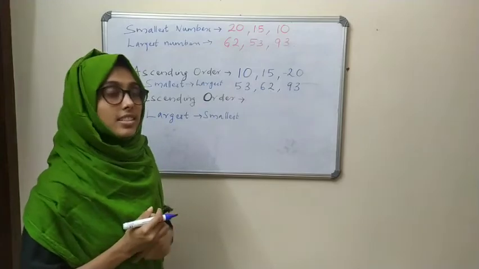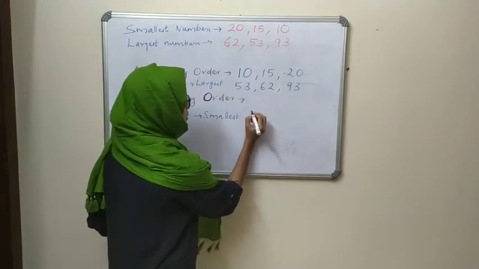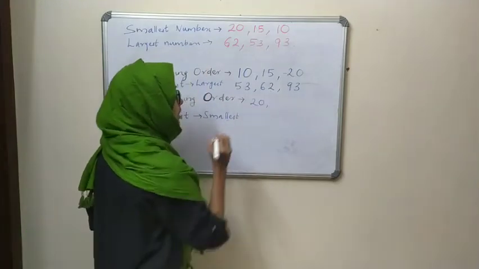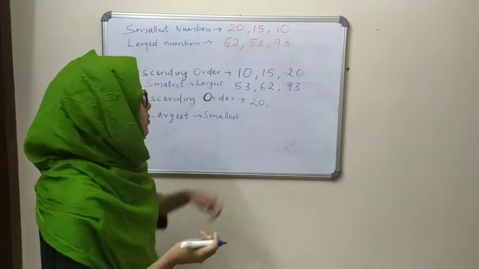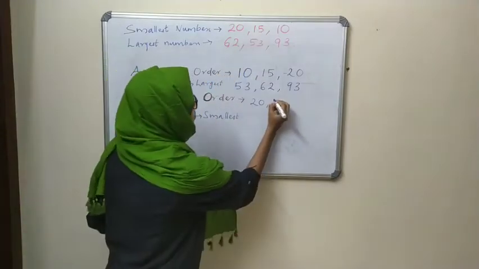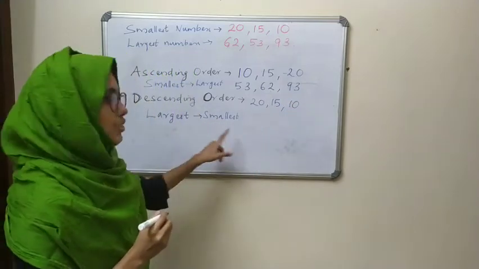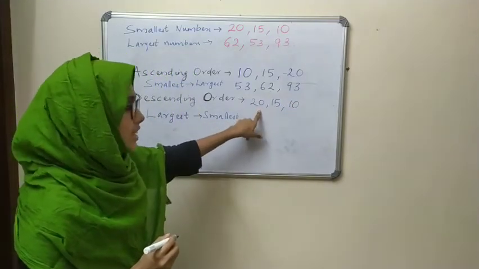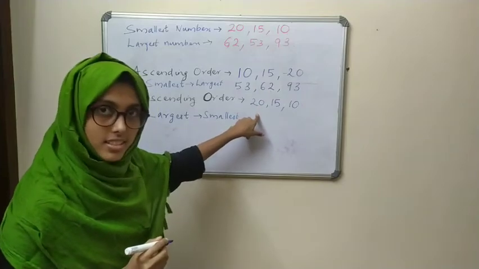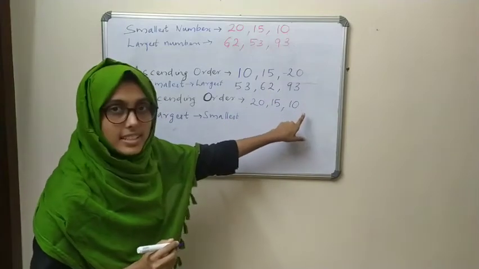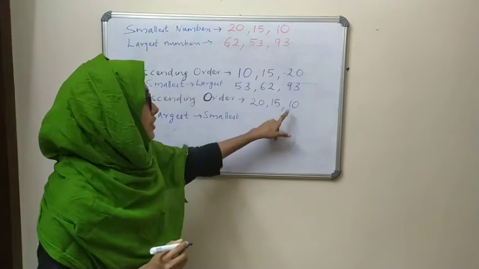Which is the largest? 20. So I will write 20. Then which number? 15. Then 10. So largest to smallest. 20 is the largest, and the smallest is 10. So 20, 15 and 10.